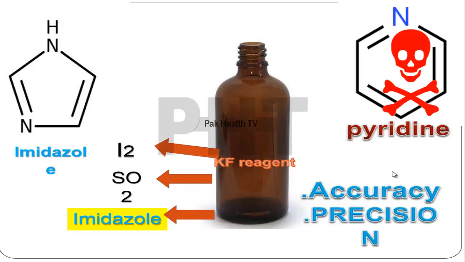But in later years, pyridine was found to be a carcinogenic compound, and this was replaced by imidazole. So nowadays, Karl Fischer reagent is prepared by imidazole, iodine, and sulfur dioxide.